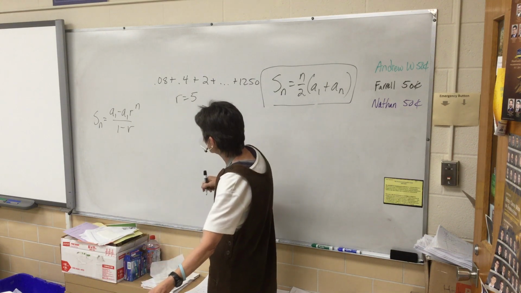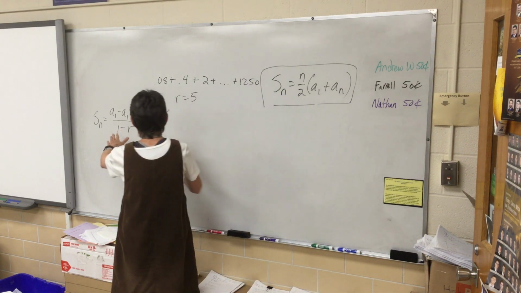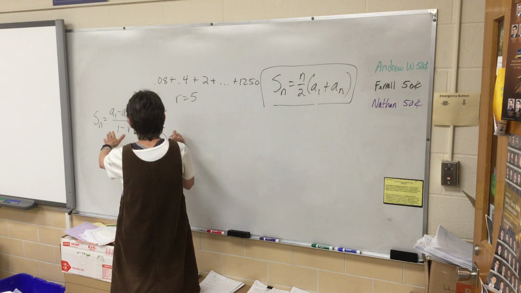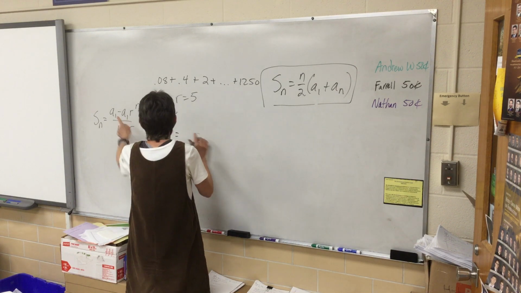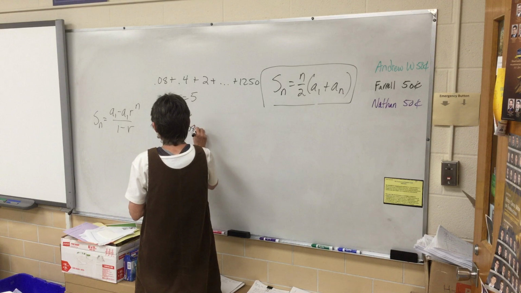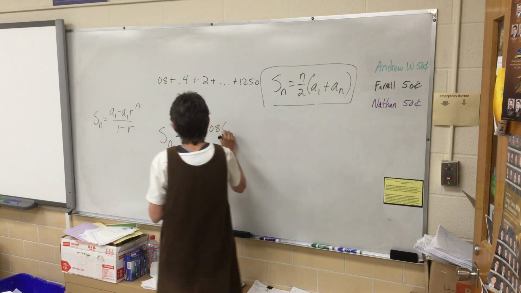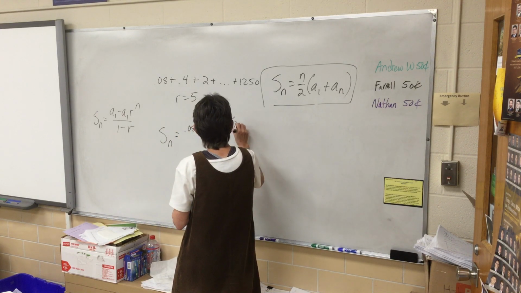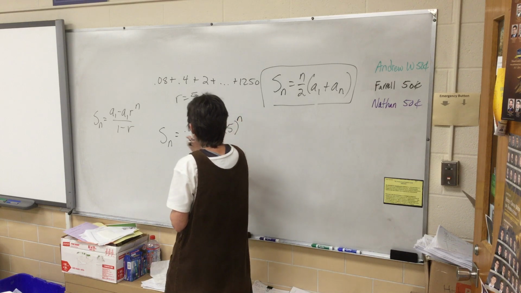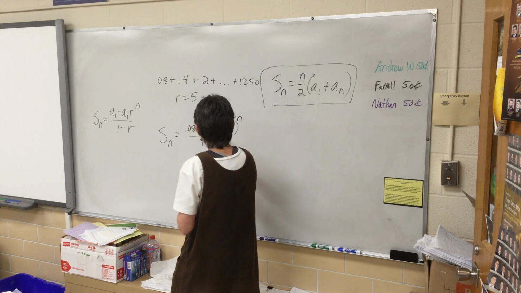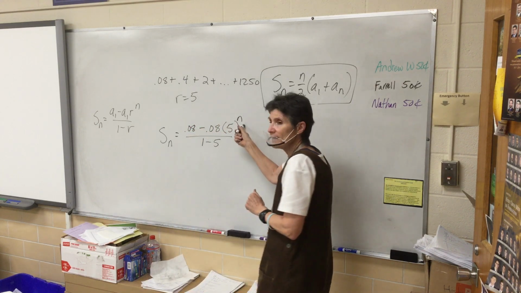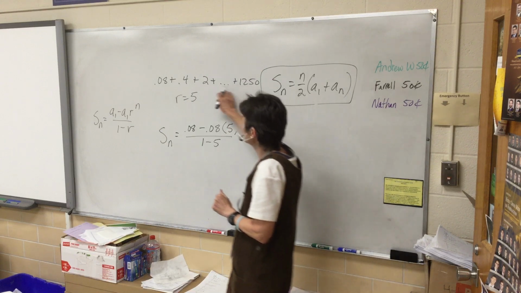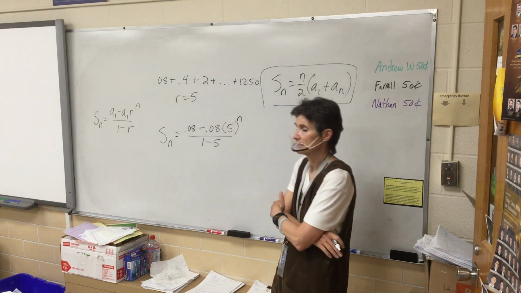Okay, here we go. This formula says S sub n equals the first term, 0.08, minus 0.08 times 5, oh shoot, to the n. I don't know n. I don't know how many numbers there are in there.